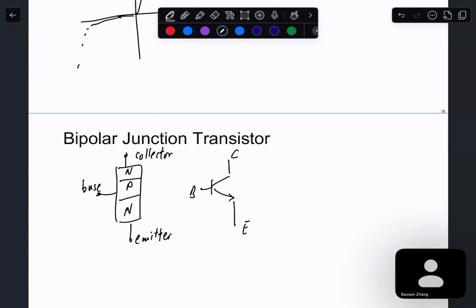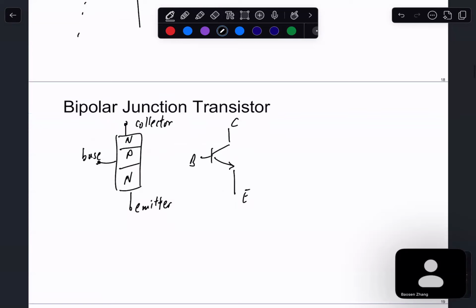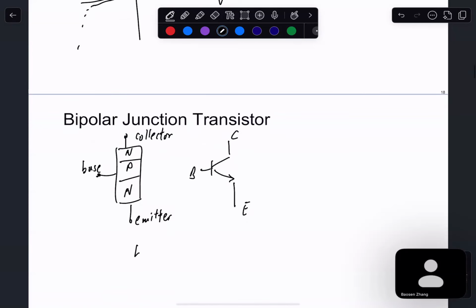What we think about this transistor is that it is a current control device. The control is the base current, which turns the transistor on or off.